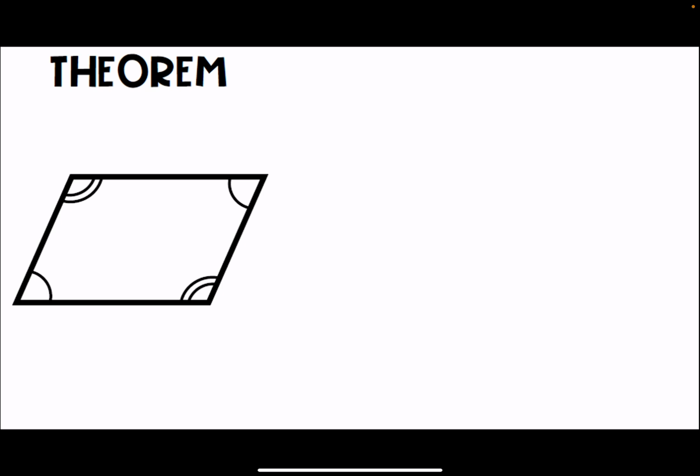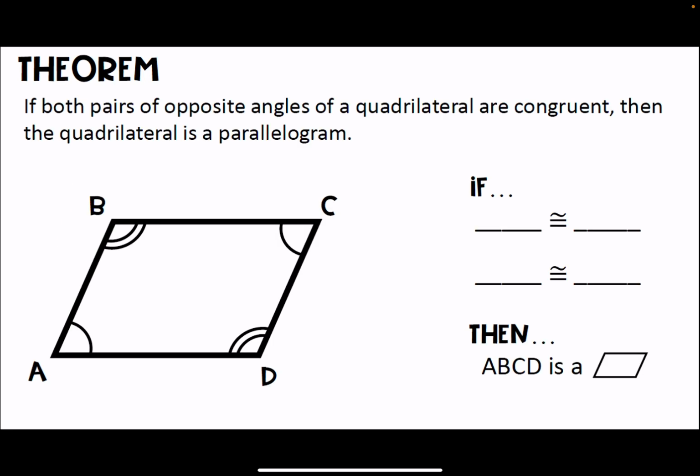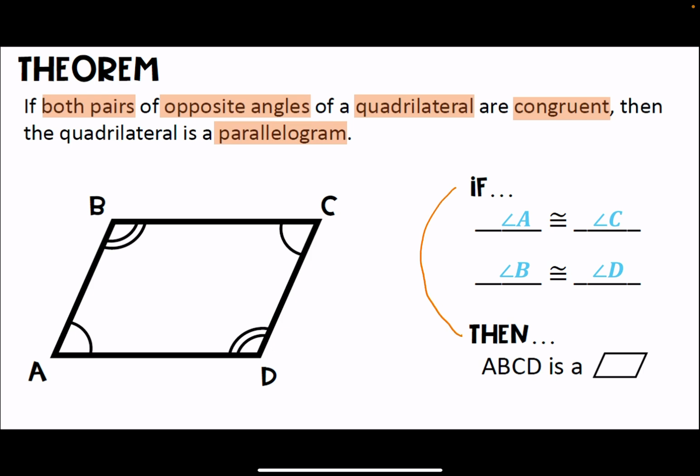All right, this one is similar to the last one, but now we're working with both pairs of opposite angles. So if they are congruent on a quadrilateral, then the quadrilateral is going to be a parallelogram. So if angle A is congruent with angle C, and angle B is congruent with angle D, then quadrilateral ABCD is a parallelogram. The converse also holds true.